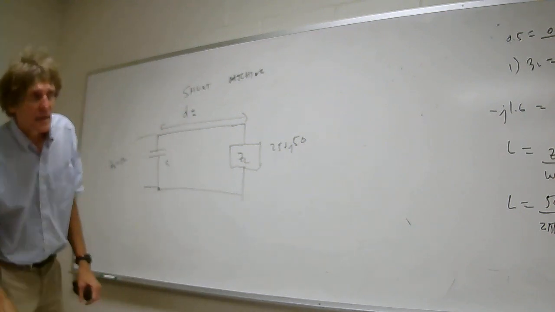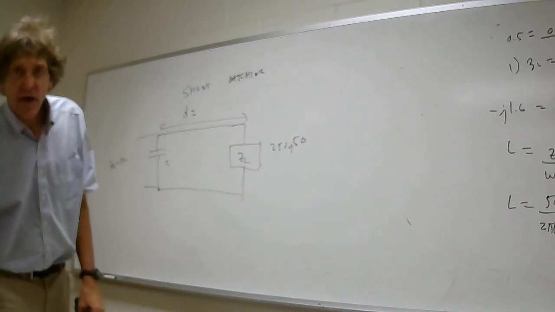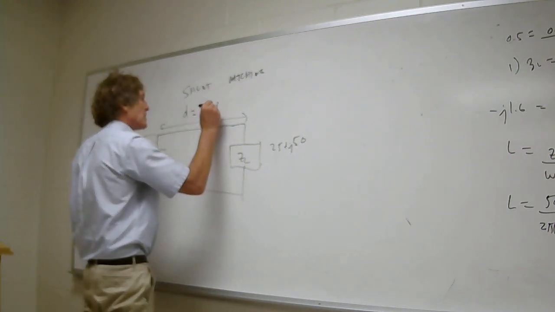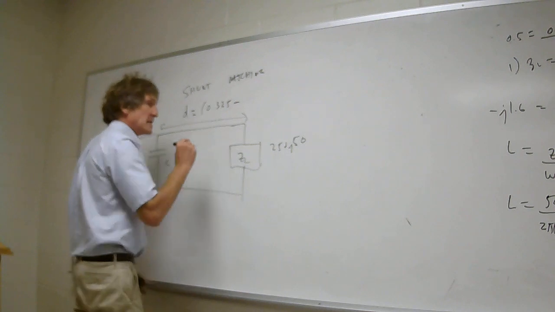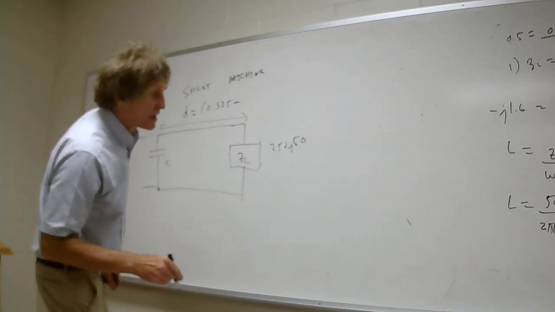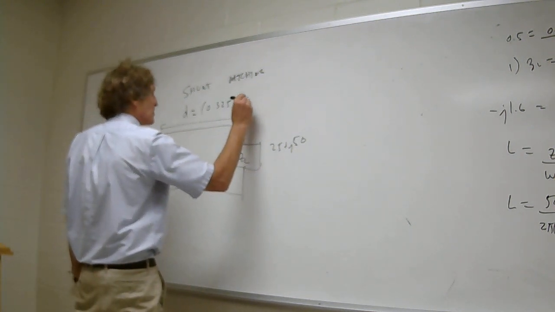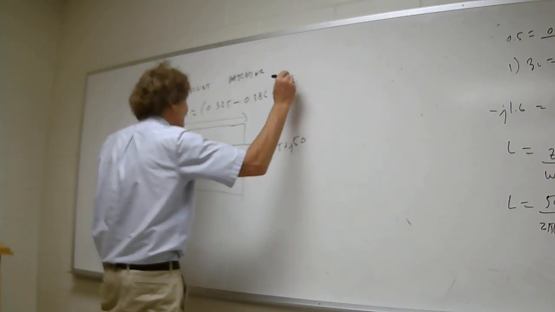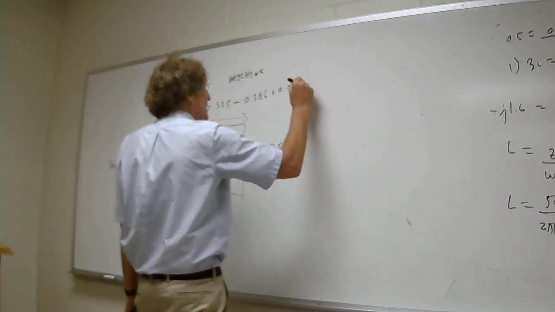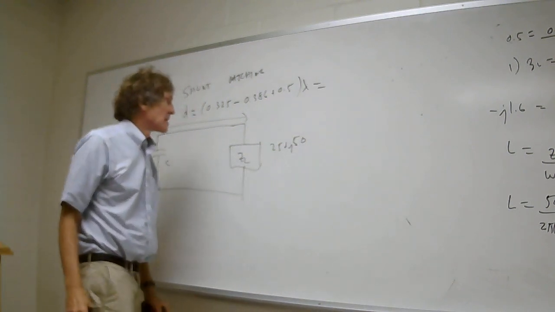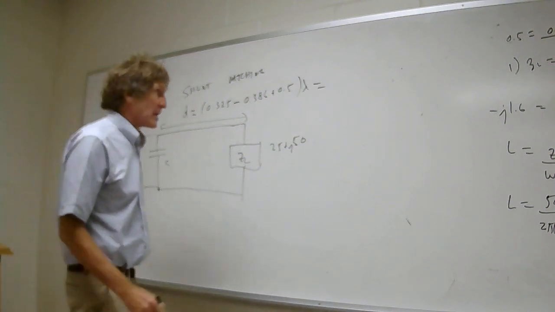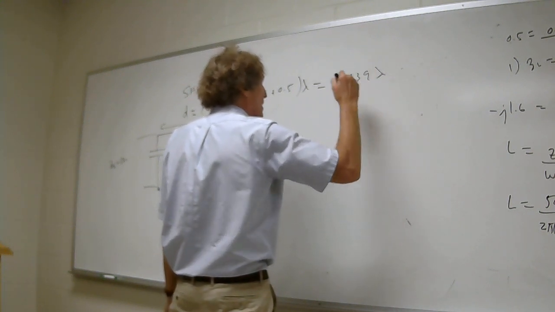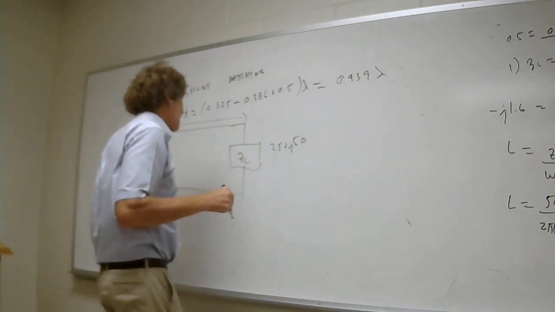Where did I land? 0.325, is that right, class? So this is 0.325 minus 0.386. Got to add 0.5 to it because it'll be negative lambda. What's that? 0.439. That's a long way. Okay? So that's how far I move.